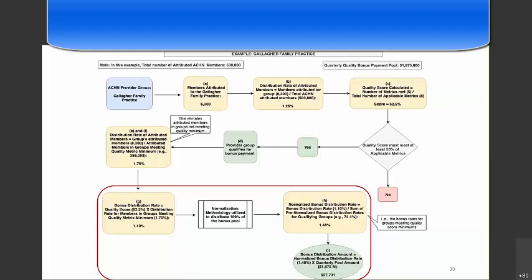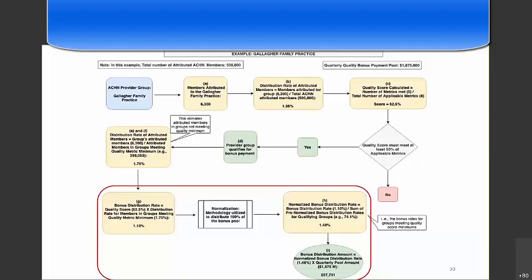What this means is this is adding up the bonus rates for each practice that meets the quality score minimums. As you'll see in our chart on the next slide, in this case we're using 74.1%. Calculation brings us to a 1.48% normalized bonus distribution rate in step H. The final step in our determination process is right below in the green circle.